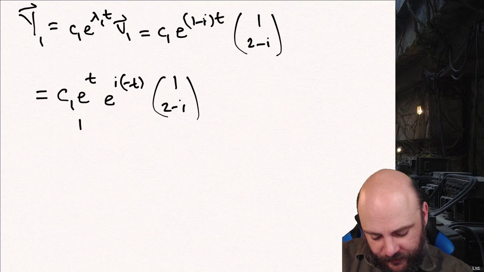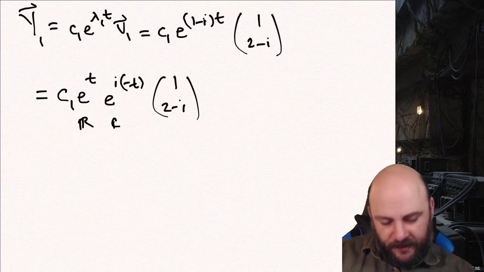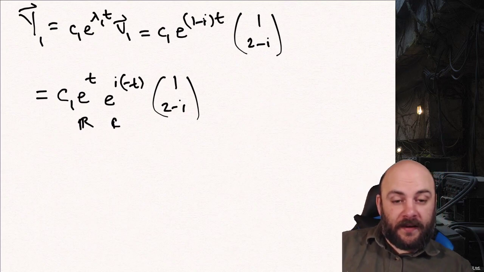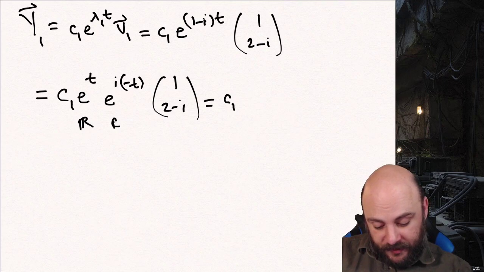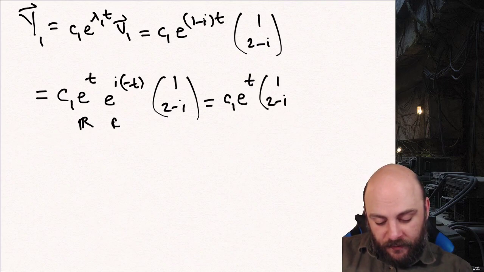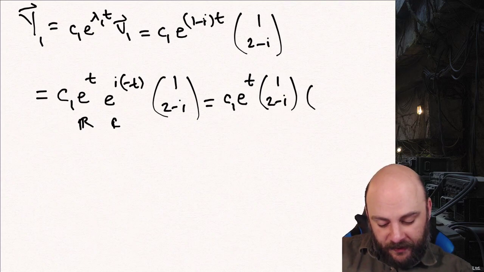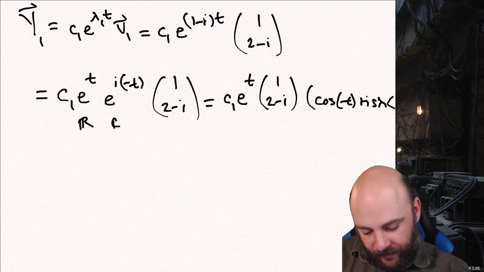I've separated out the real part and the complex part. Now use Euler's identity to rewrite the complex part as sines and cosines. This should feel vaguely and terrifyingly familiar. Cosine of -t plus i sine. Crap, I ran out of room.